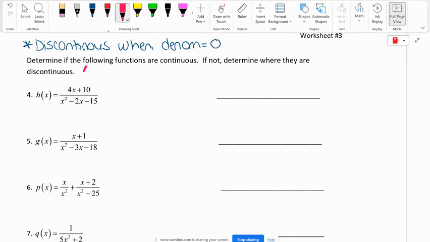So then what we are going to do is set the denominator equal to 0. Then solve.